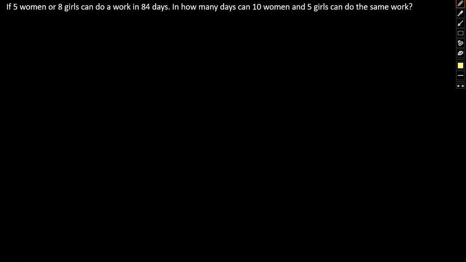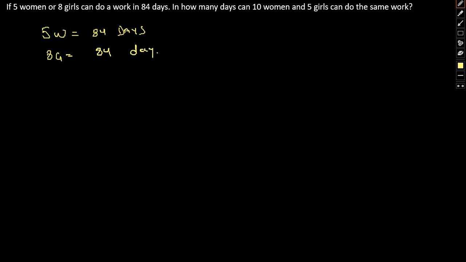So this question here is pertaining to time and work. If 5 women or 8 girls can do a work in 84 days, how many days can 10 women and 5 girls do the same work in? Okay, so basically it's a time and work kind of question. So we see 5 women can do the work in 84 days and 8 girls can do the work in again 84 days.